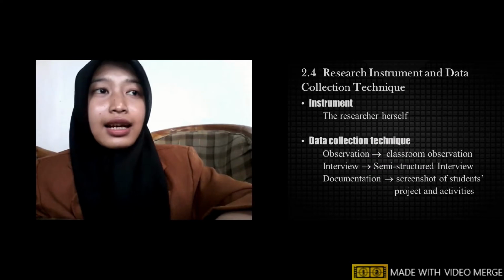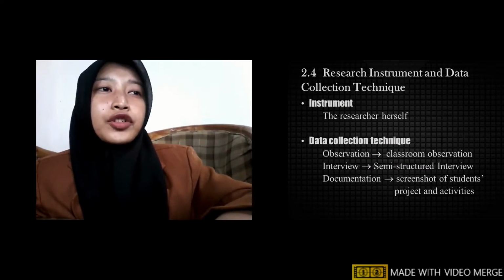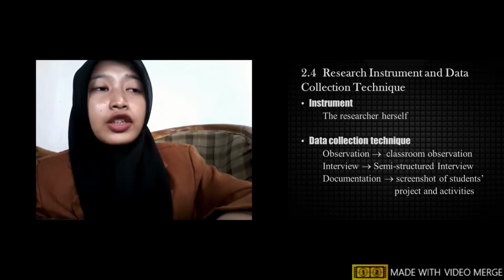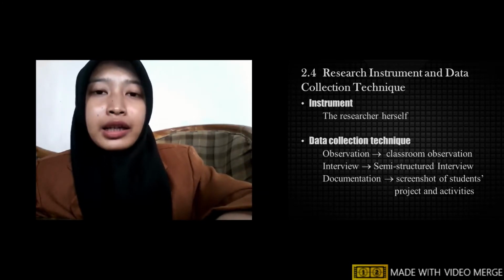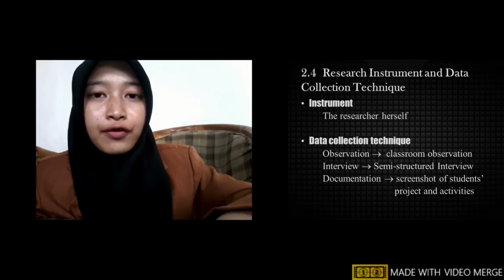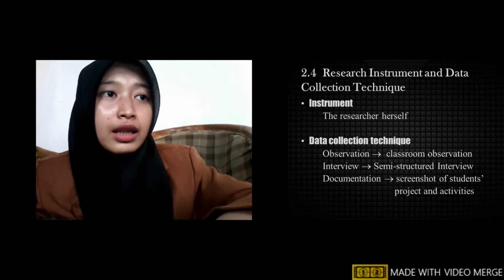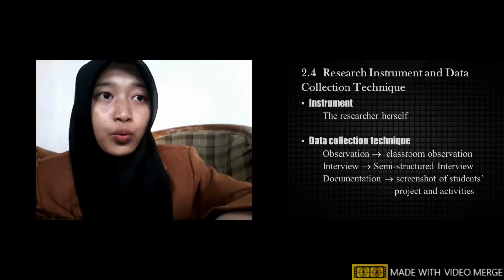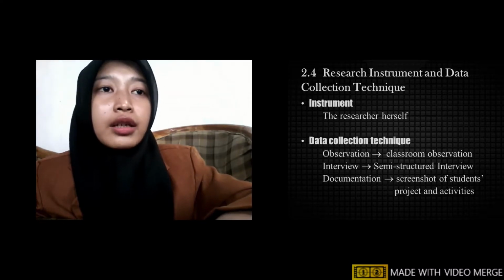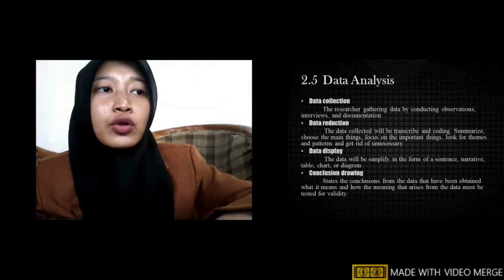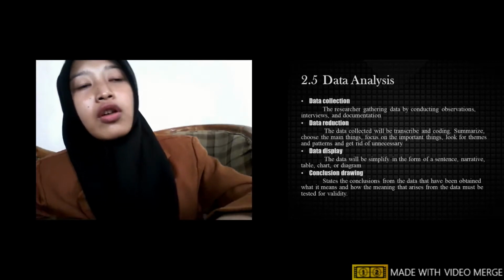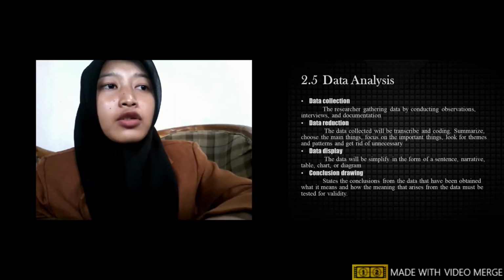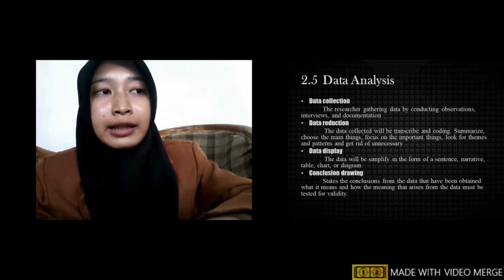Data analysis, which consists of data collection. In the data collection, the researcher gathers data by conducting observation, interview, and documentation. Data reduction. The data collected will be transcribed and coded, then summarized, choosing the main things, focusing on the important links, looking for themes and patterns, and getting rid of the unnecessary.